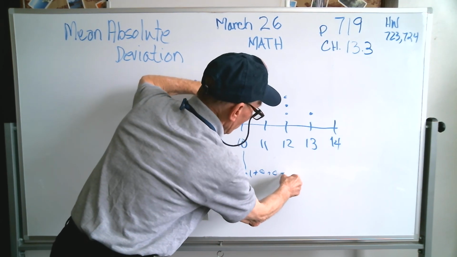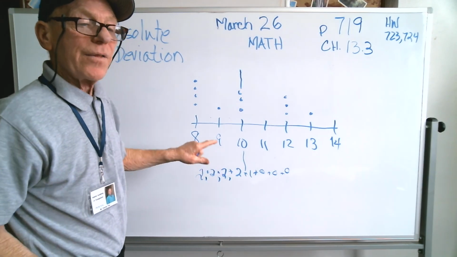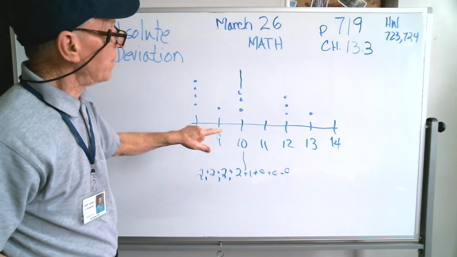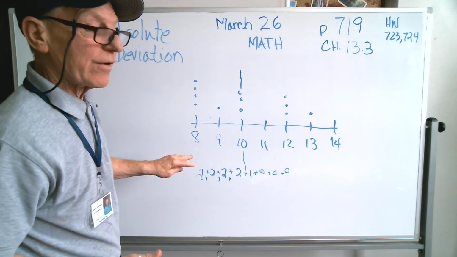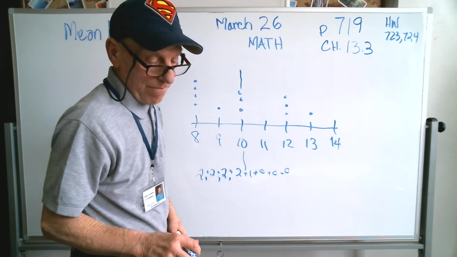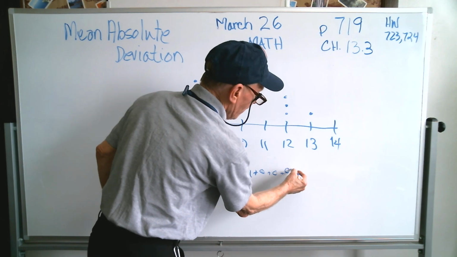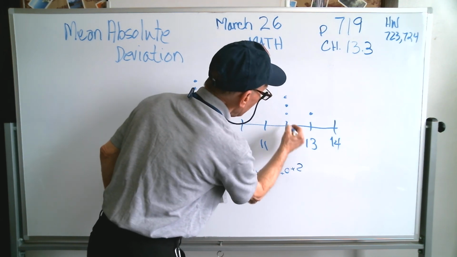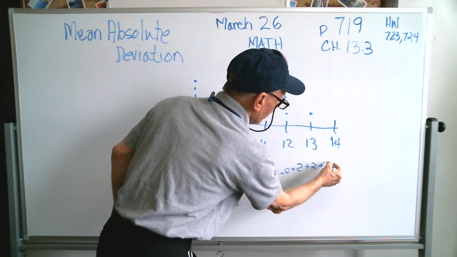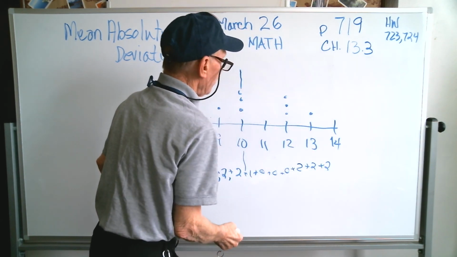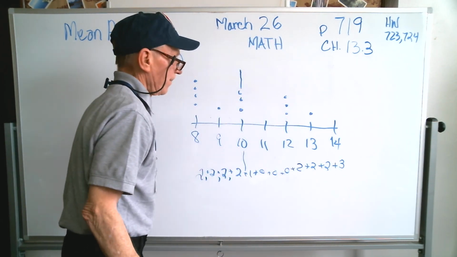And this is 0. And of course, we know zeros don't add any value, but we need the place. We need to know the total number of data points. So we put the zeros in, even though they don't have any value. At 12, which is 2 places, we've got 1, 2, 3. And then there's one more at 13, which would be 3 places.